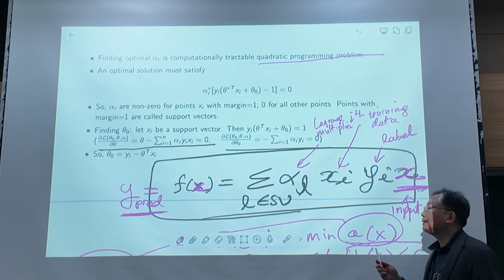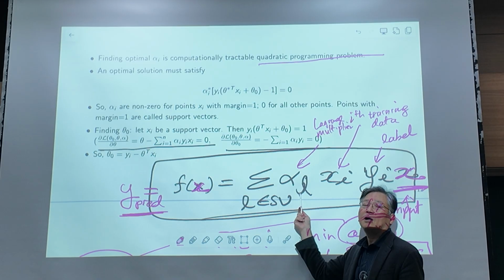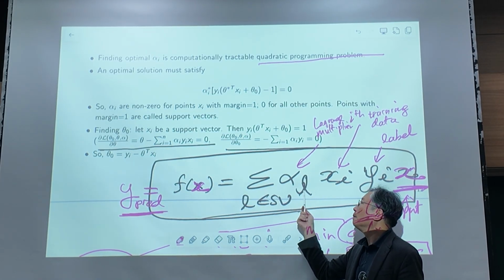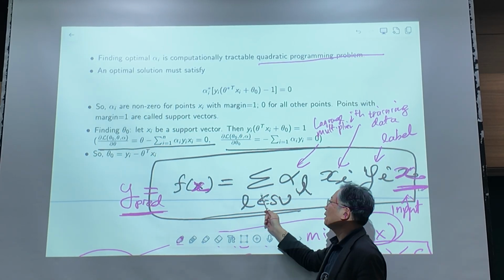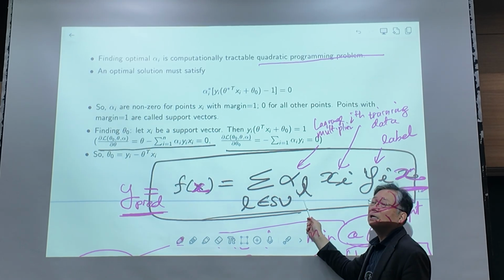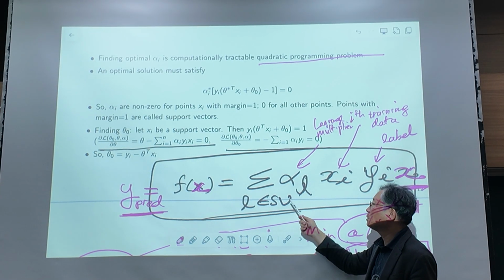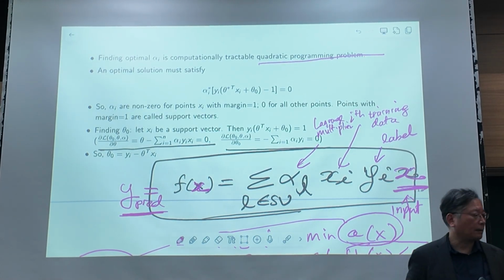And I said that except for the support vectors, all the Lagrange multipliers will be 0. So I need to sum this up for all training data, but because Lagrange multipliers are non-zero for support vectors and 0 for others, you're doing a sum over all the support vectors.